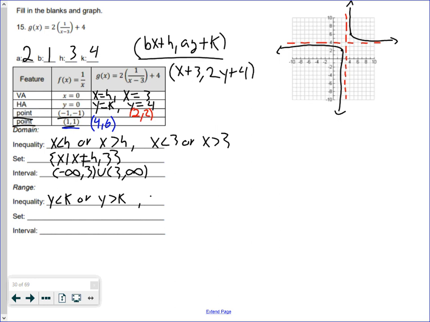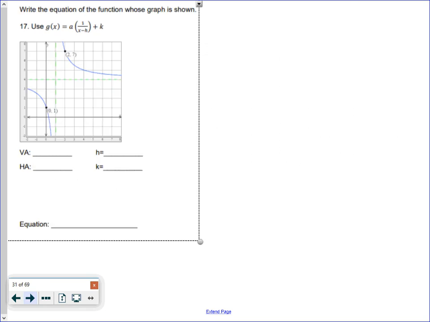So in this problem, y is less than 4, or y is greater than 4. Set notation, same thing. Every y value such that y does not equal our k value of 4. In interval notation, negative infinity up to our k value of 4, union 4 to infinity. All right?